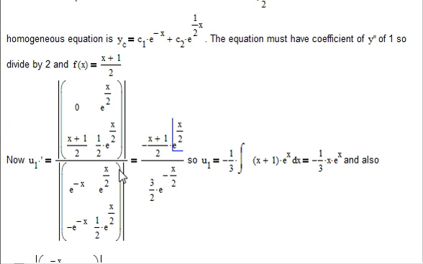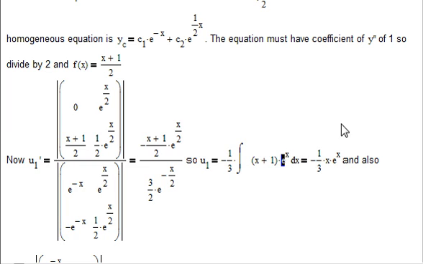Well, that's kind of nice. But when we simplify all this, the over 2's cancel, so we get negative x plus 1 over 3, and e to the negative x over 2 in the denominator is e to the positive x over 2 in the numerator, so we just get times e to the x.